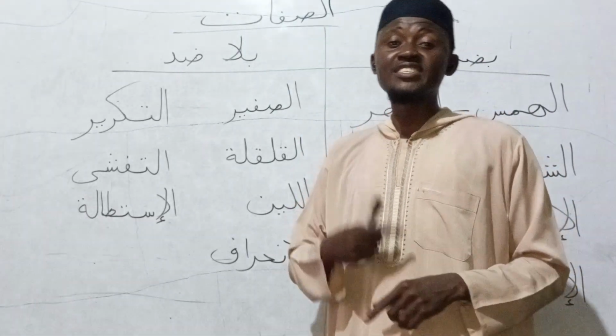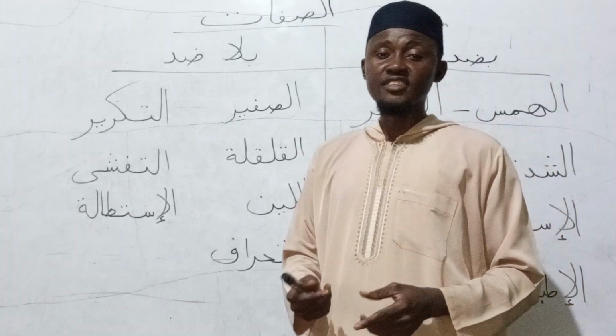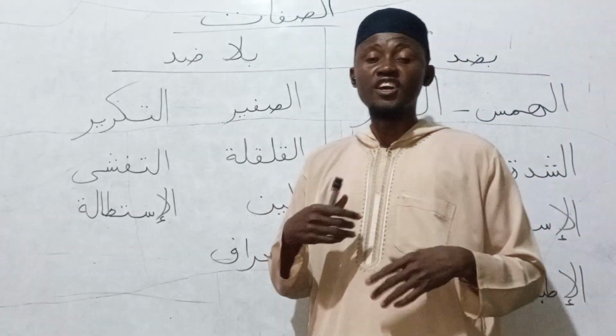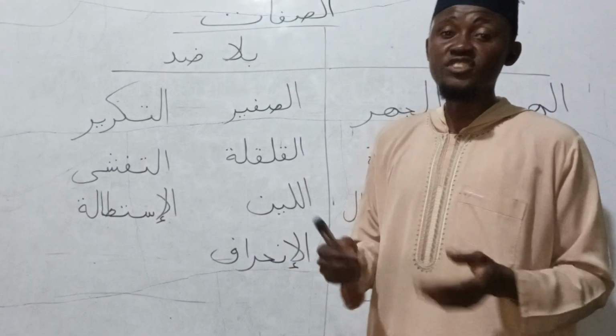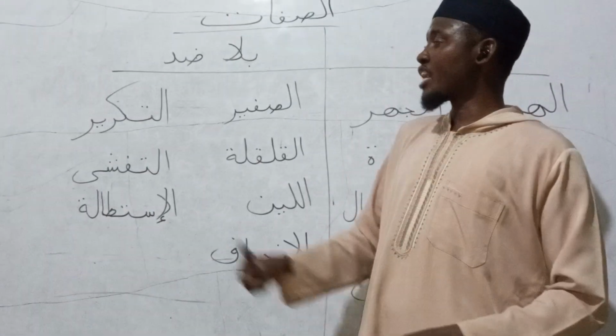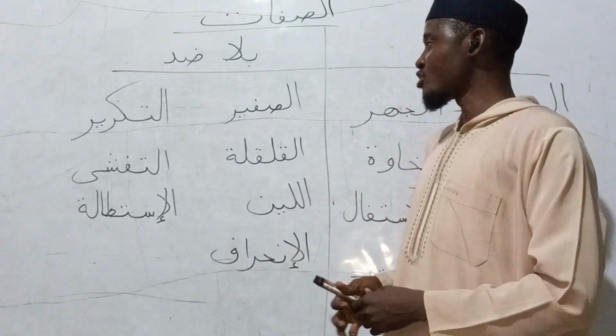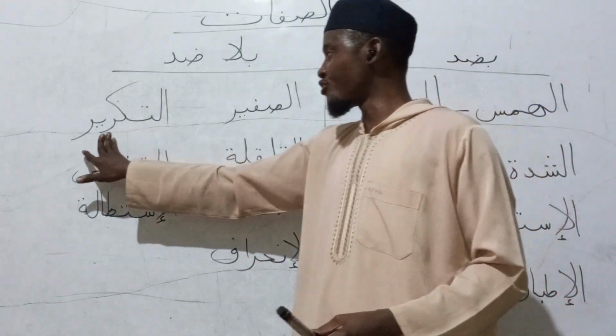Continuous rolling of this is an overdo. Don't overdo it, you're going to spoil it. Like they say, too much sauce spoils the broth. When you have too much, you're going to spoil it. So that's the attribute of at-takrir.